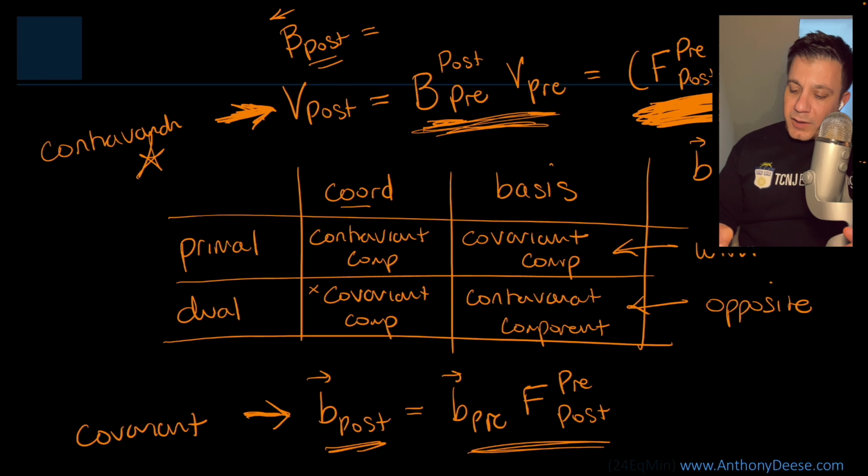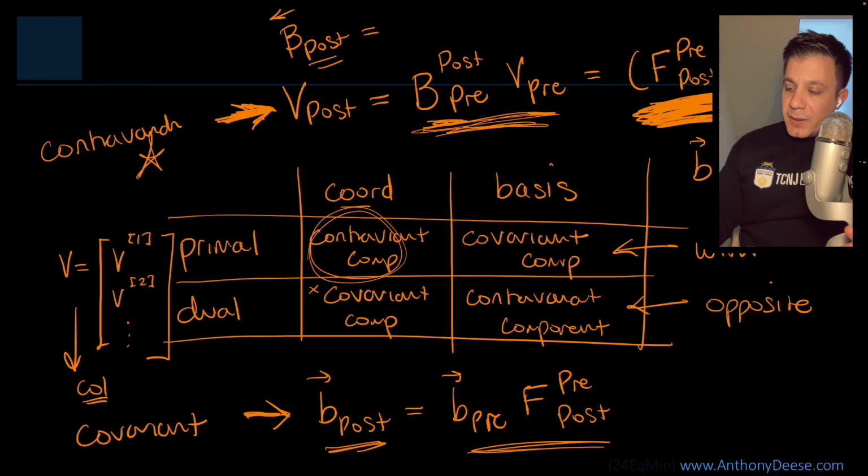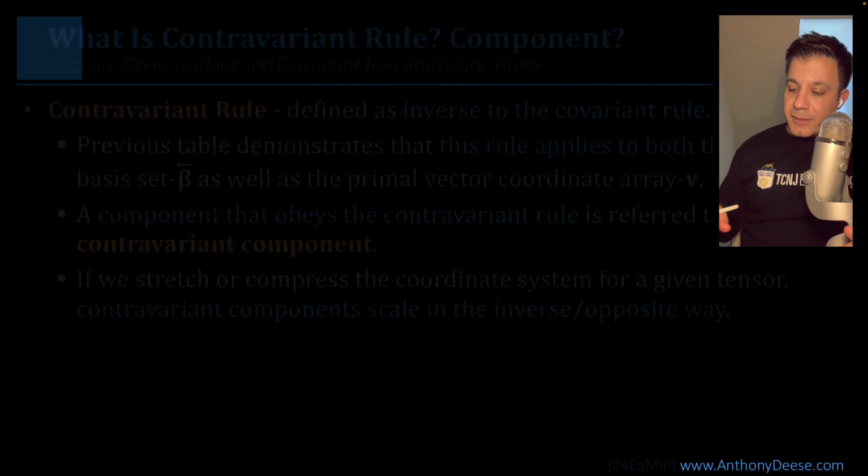Now, if we take a look at the coordinates of a primal vector, that would be V1, V2, and so on. That would be a column-oriented array. So the covariant components will be indexed by covariant indices, and the contravariant components will be indexed by the contravariant indices. The covariant components will have at least one covariant rank, and the contravariant components will have at least one contravariant rank.